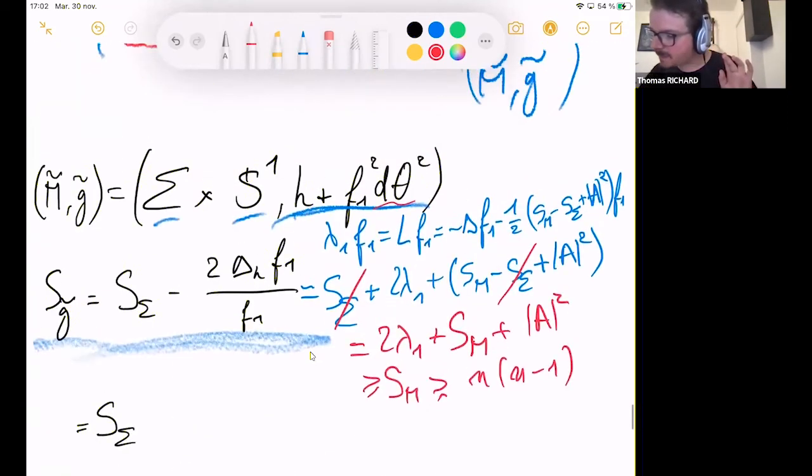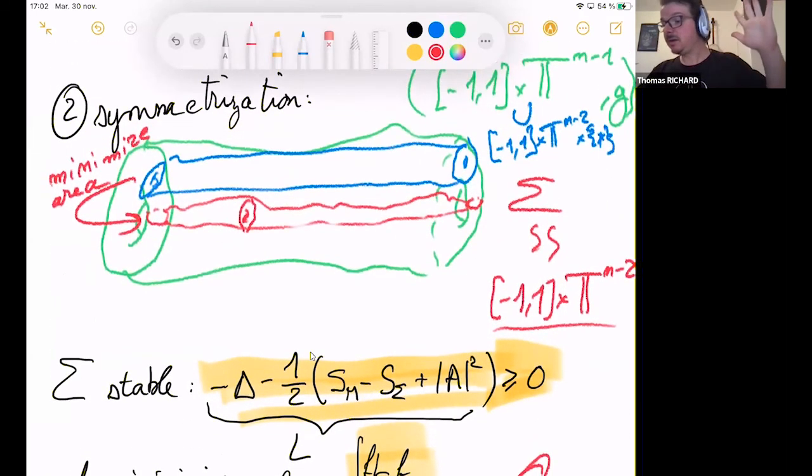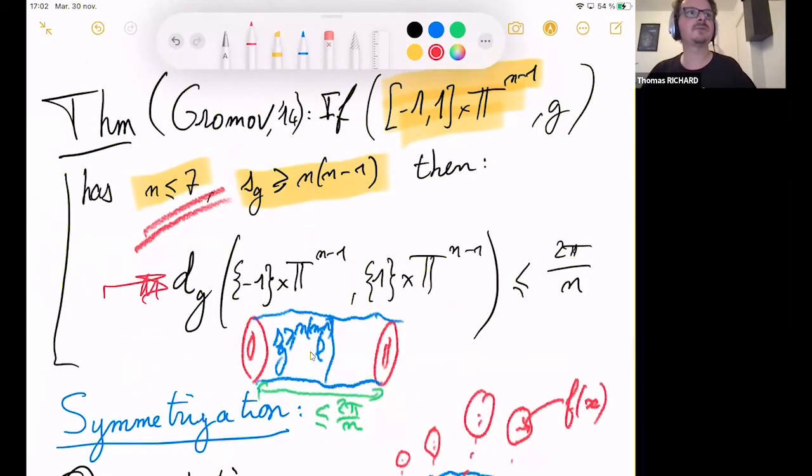And what's more important is that the distance between the boundary components can only increase when I'm doing that, because going between the two boundary components in the green manifold is always less expensive than being constrained to go between the two boundary components in the red manifold, because you have more paths to follow in the green one than in the red one. So it goes in the right direction with respect to this thing that we want to control.